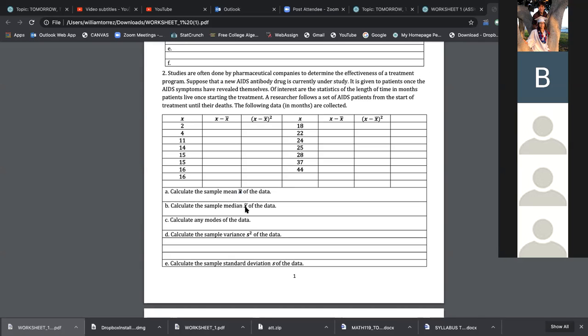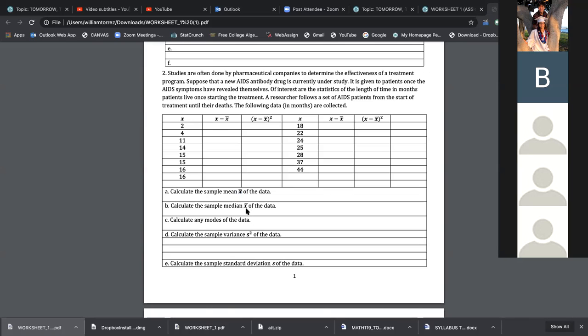Now, here's another variable based on the data, which we're calling a statistic. So X bar is a statistic. Mu would be the notation we would use for the population mean number of months. Down here, X tilde is a statistic, and it's based on the data. Now, how is it defined?